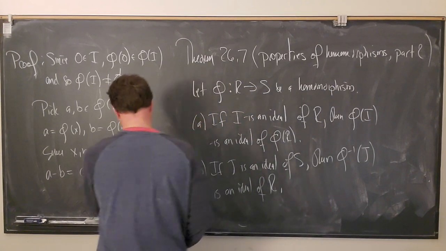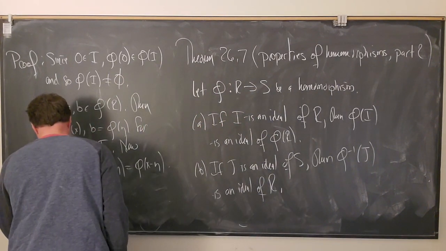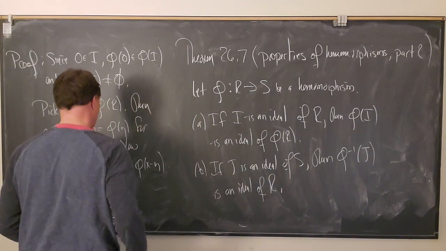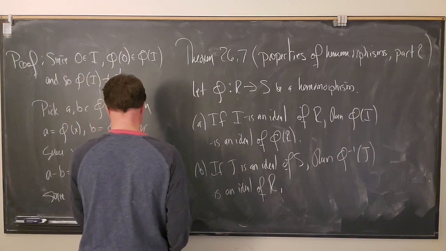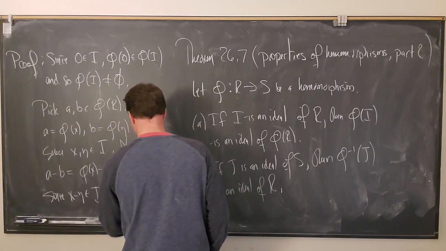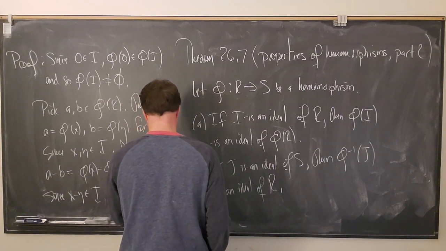So since X minus Y is an element of I, we see that A minus B is an element of phi of I.